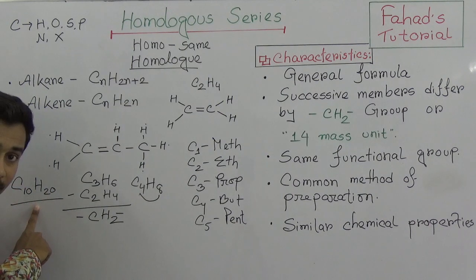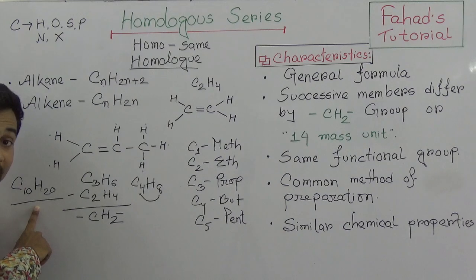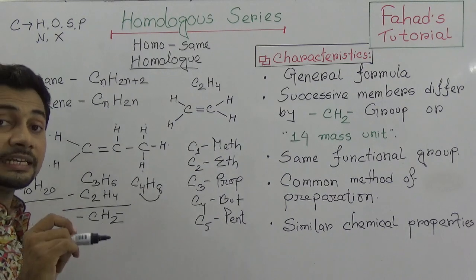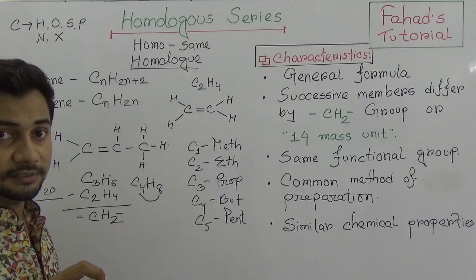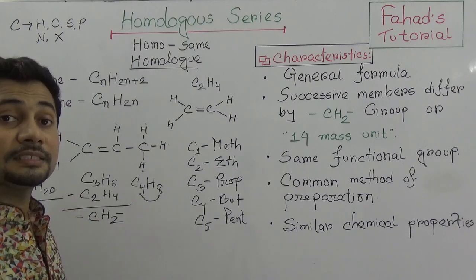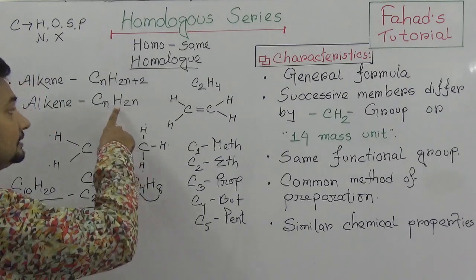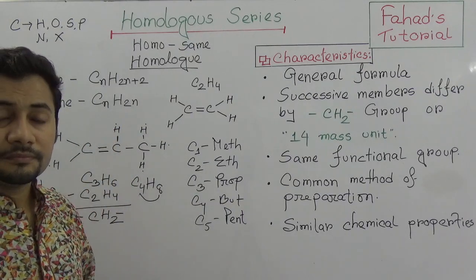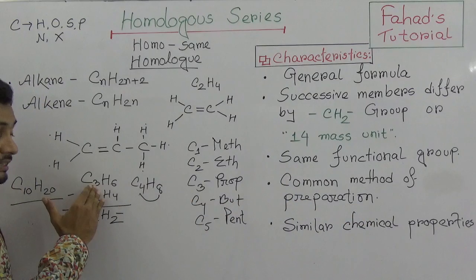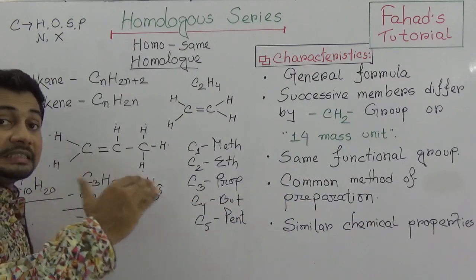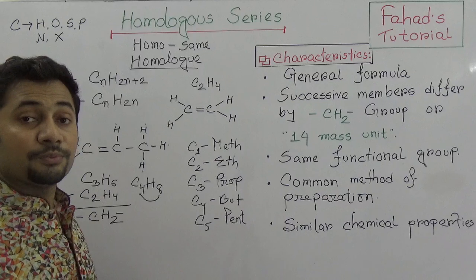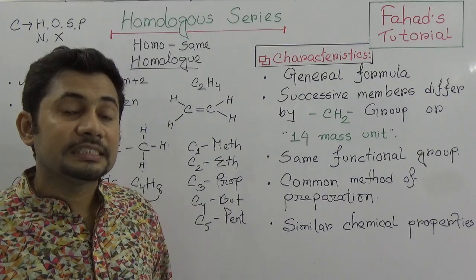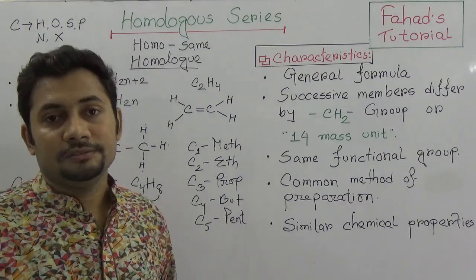So the formula is C10H20, meaning there are 10 carbons and 20 hydrogens. The 20 hydrogen is twice the number of carbon, that is CnH2n, formula analysis of alkene. And all the members like ethene, propene, butene are homologs. As we know, the members of a homologous series are called homologs.